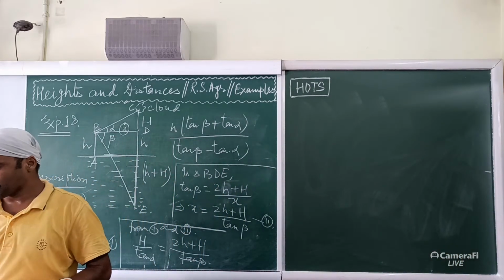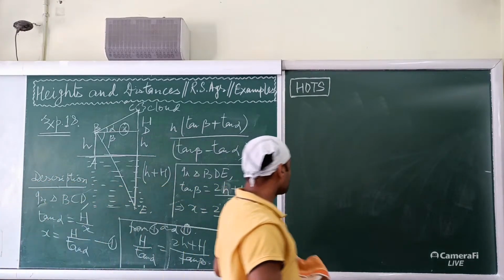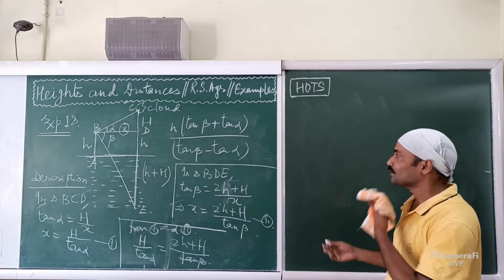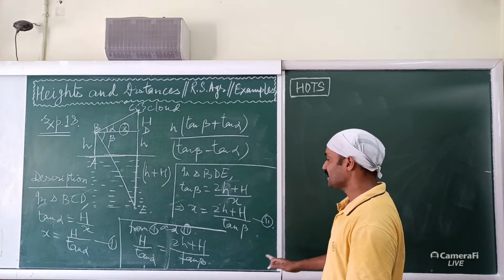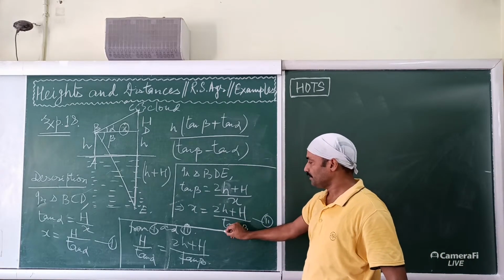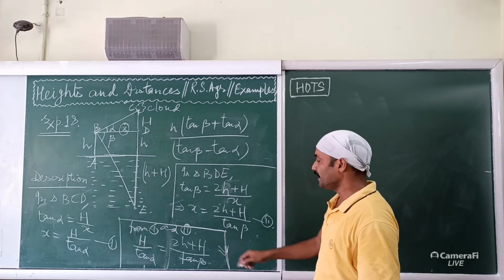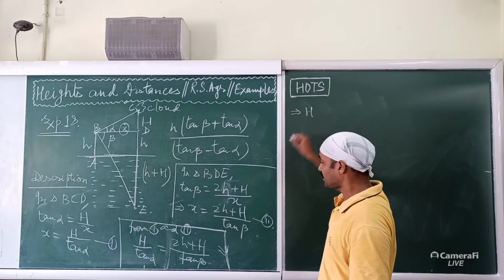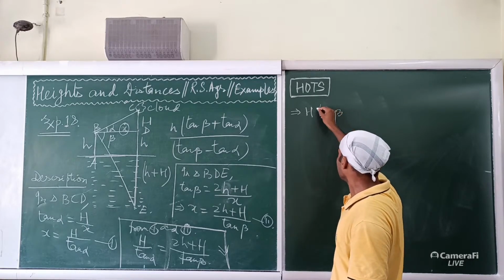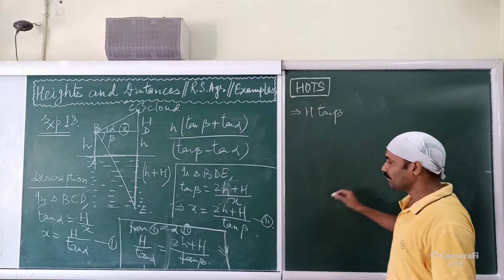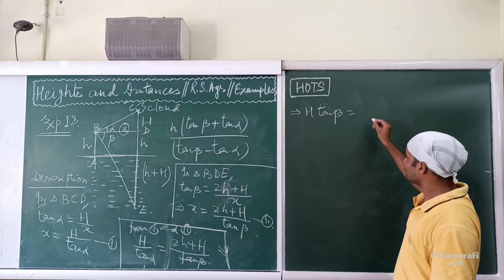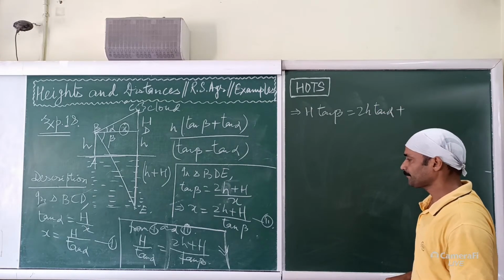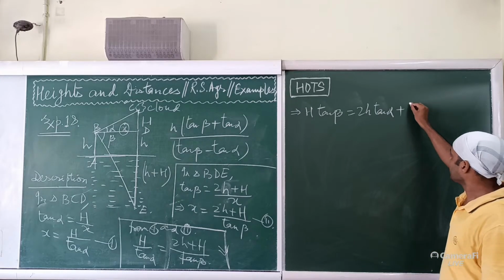Capital H we do not require, so we will eliminate that. Today is a hot session, that's why I am getting very much heat. Just cross multiply this expression. It will be h tan beta equals 2h tan alpha plus H tan alpha.